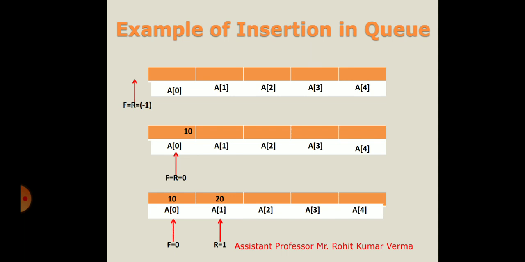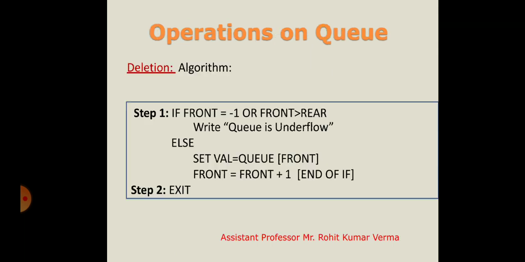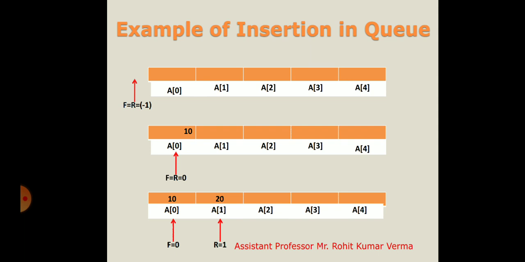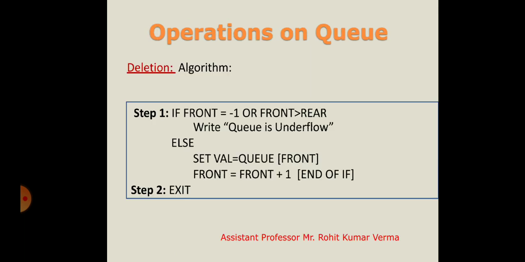Suppose we have to add 30, then our rear pointer moves to A2 and our front pointer remains at the previous location. So this is the description of our insertion operation in case of Q. So these are our insertion operation concepts in Q. Now we are covering the deletion operation.